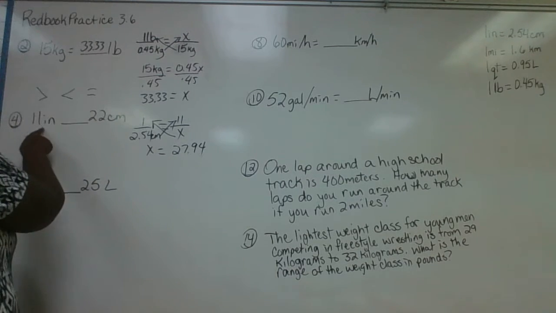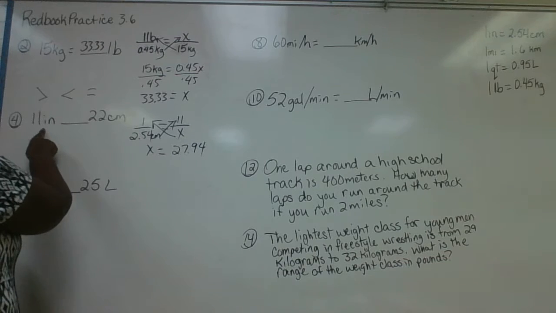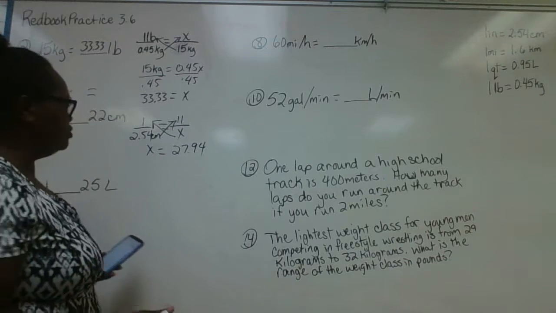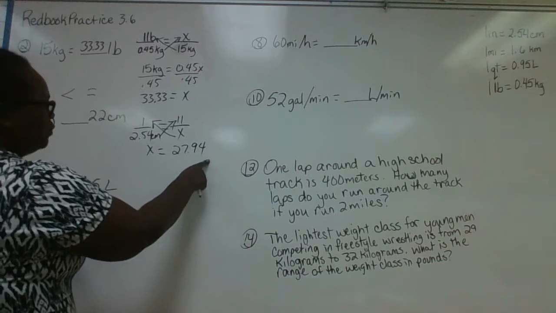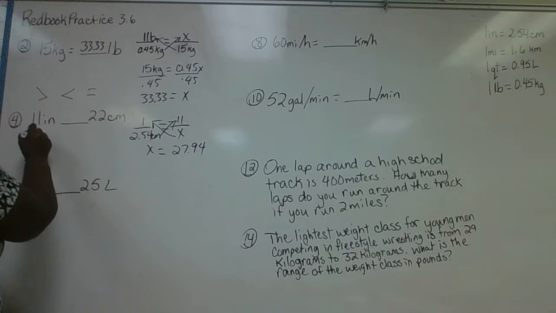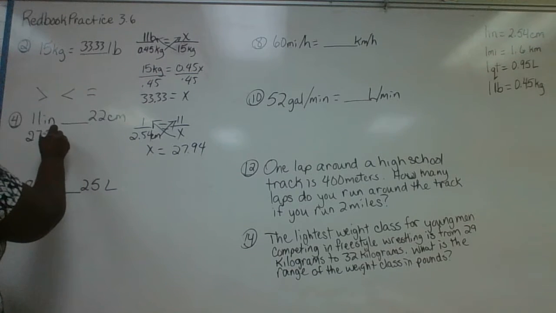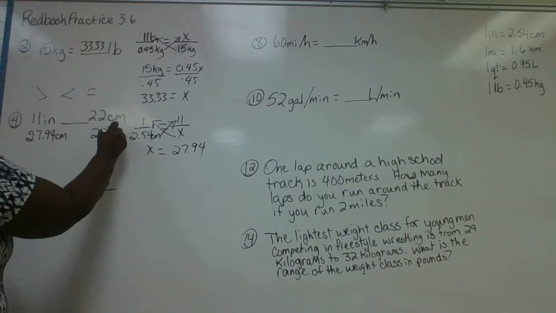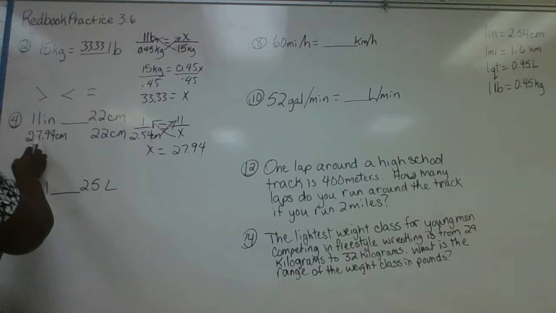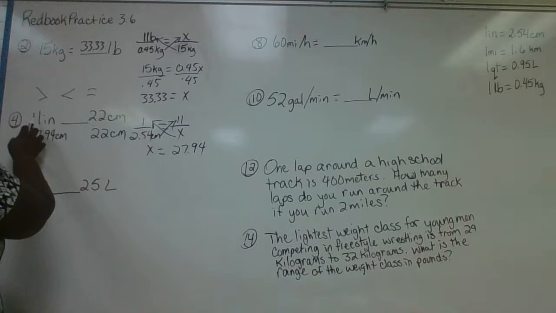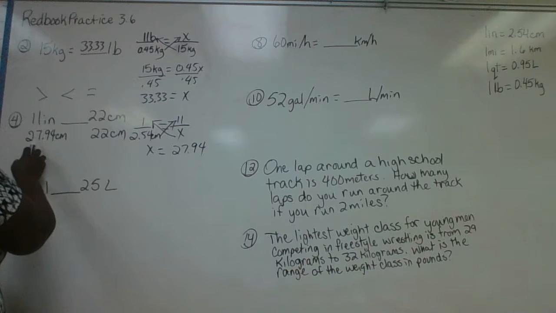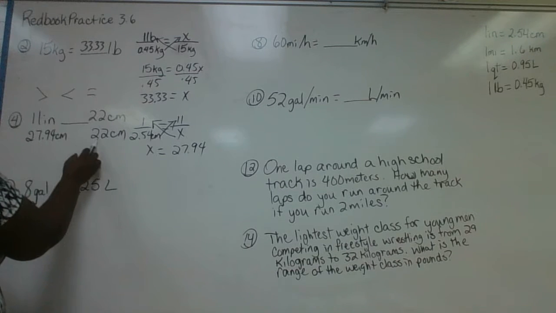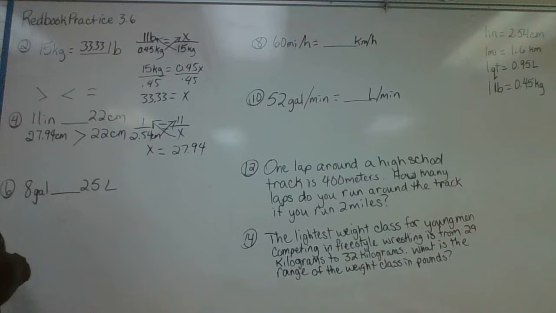So then 11 inches is equivalent to 27.94 centimeters. Now let's compare that to 22 centimeters, and we see that we have more centimeters. If we convert the 11 inches to centimeters, it equates to 27 versus 22, and therefore, the first is greater.